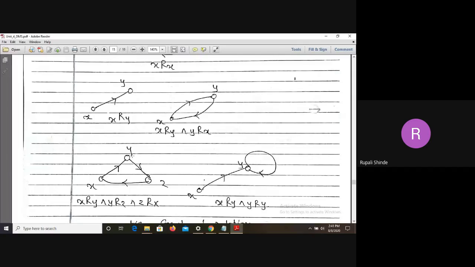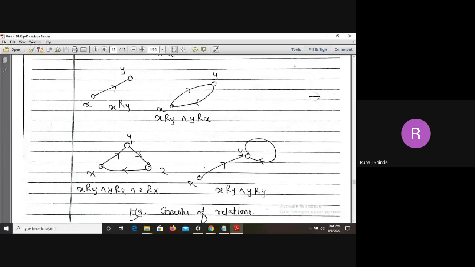That is the first one. Second condition is y is in relation R with z, so there should be an arrow from y to z. And the last one is z is in relation R with x, so again there should be an arrow from z to x. So this is the graph for this given relation.